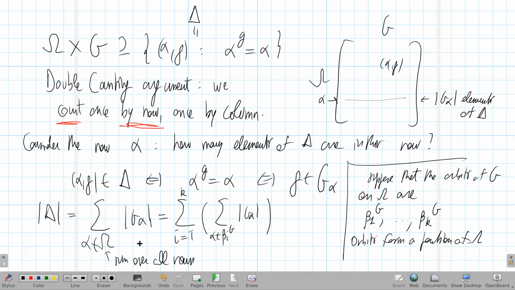I'm partitioning the alphas in the various orbits, and I sum over the number of orbits. So I've found this fact here.